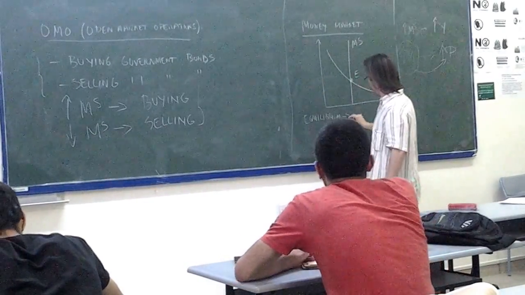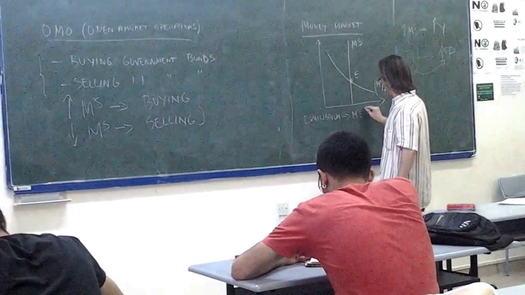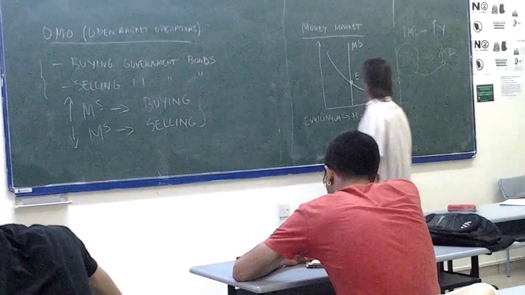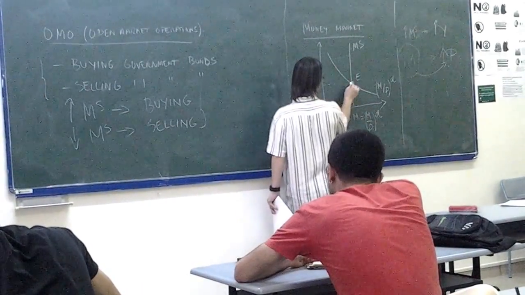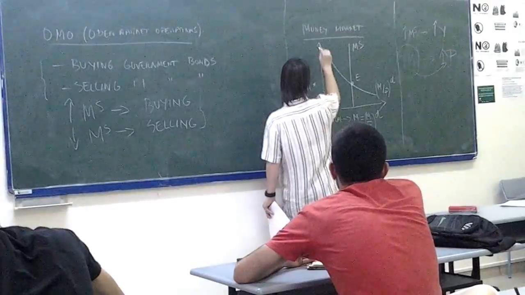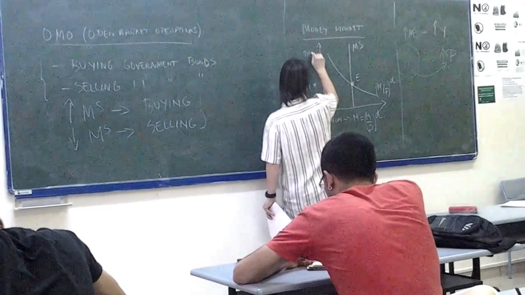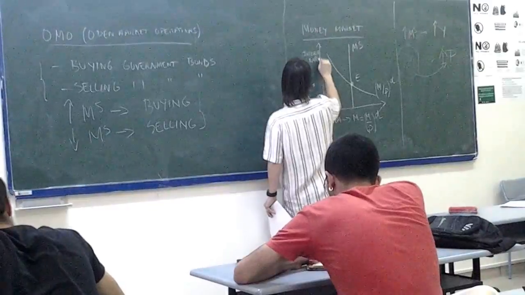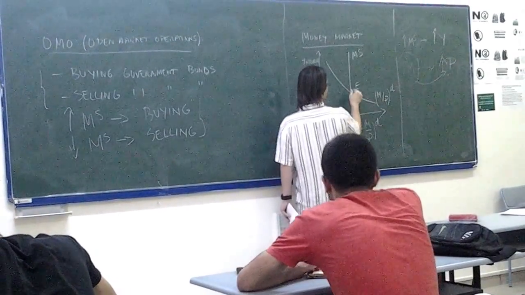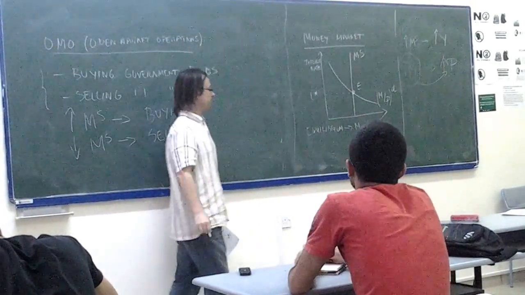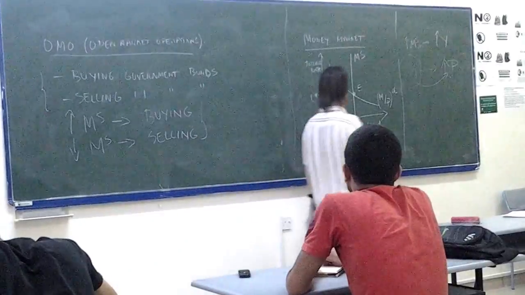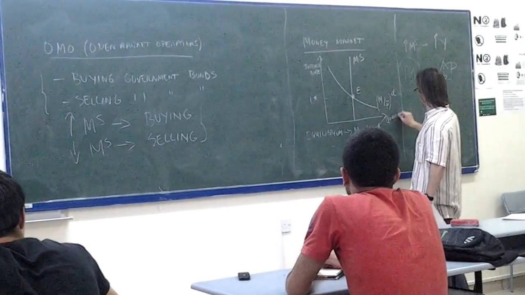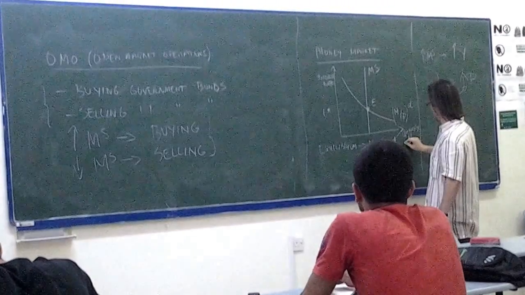So the equilibrium is when money supply is equal to money demand. It means the interest rate is going to be the equilibrium one. Okay? So here we have this excess quantity of money.